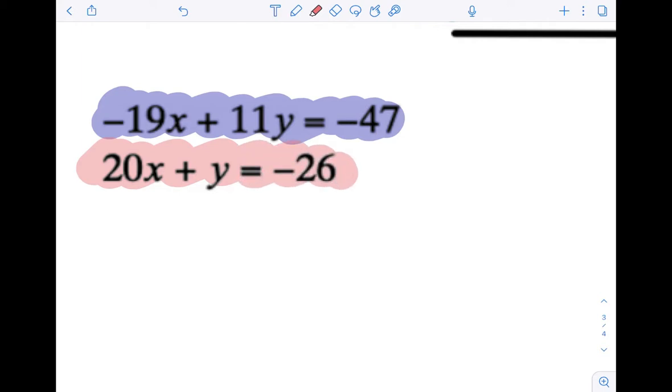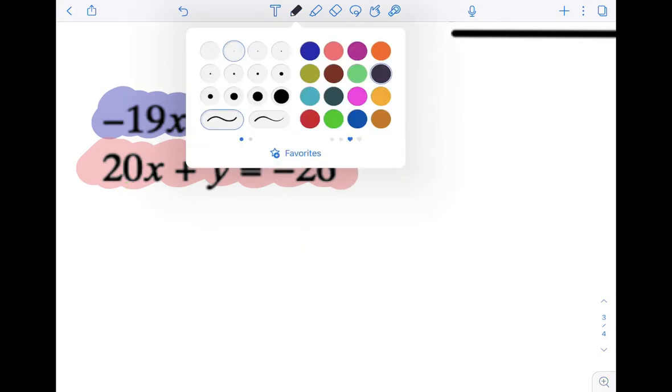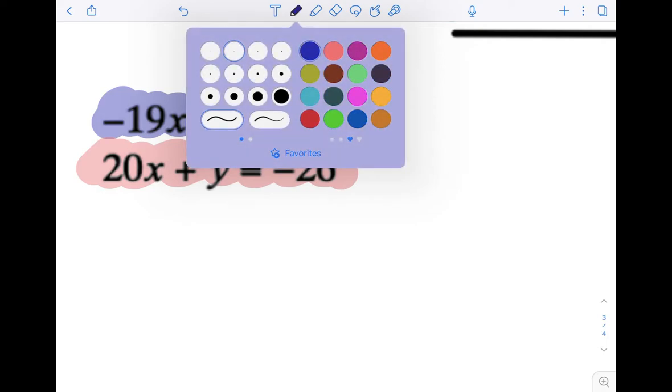So we want to get one variable, x or y, by itself. And look at this, y here is perfect to get by itself. I just have to move this 20x over to this side, and y will be by itself. So let us do that, everybody.